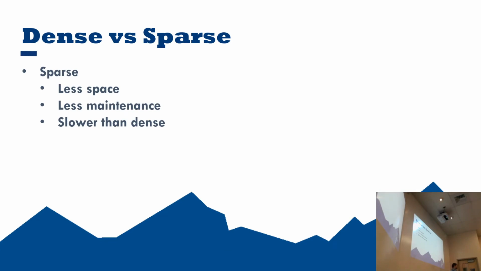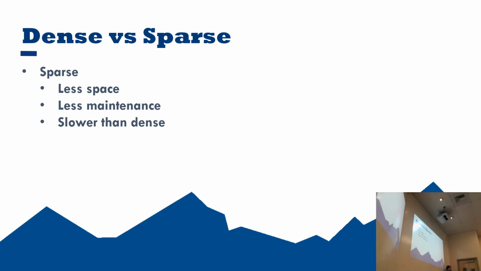All right, dense versus sparse. So sparse takes up less space. If you're storing fewer things, we're assuming we're not dealing with deduplication or anything like that, it takes up less space.